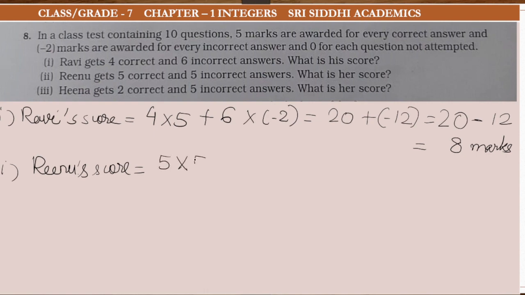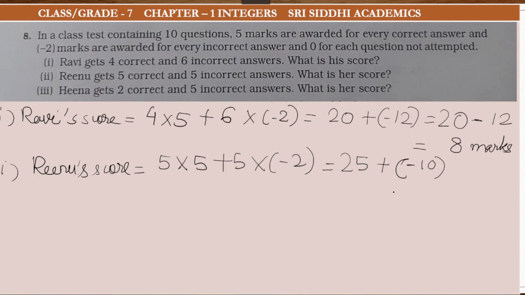For each correct answer she is scoring 5 marks, and for each incorrect answer she will be scoring minus 2 marks. So 5 into 5 is 25, plus again different sign integers, plus 5 and minus 2, so the product will be a negative integer, minus 5 into 2 is 10, so minus 10.